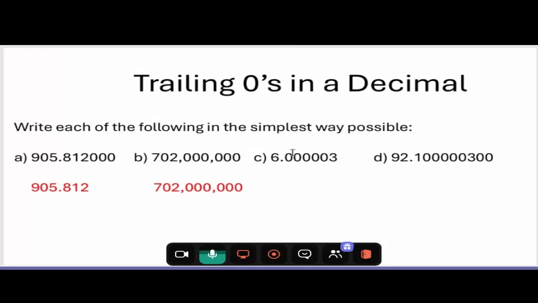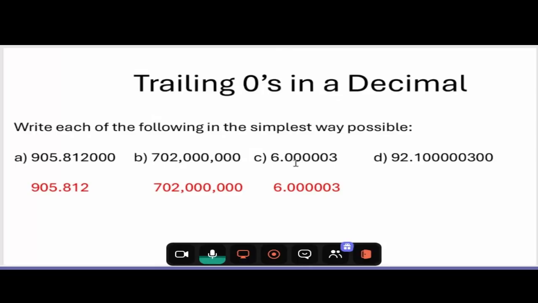This one has some zeros after the decimal, but they are not trailing zeros, right? Because there's a 3 after them. So those zeros all need to be there. If you just drop those zeros out and wrote 6.3, it would be 3/10ths instead of 3, what? Tenths, hundredths, thousandths, ten thousandths, hundred thousandths, 3 millionths, I think.